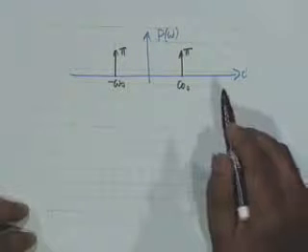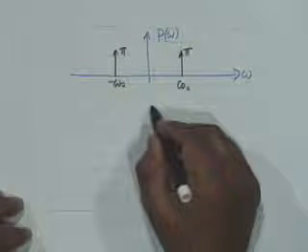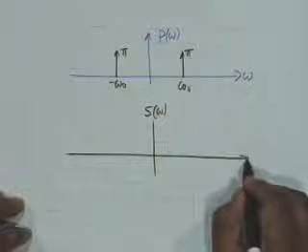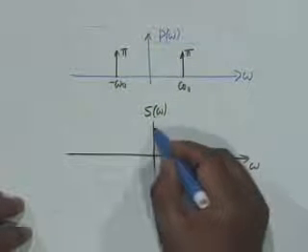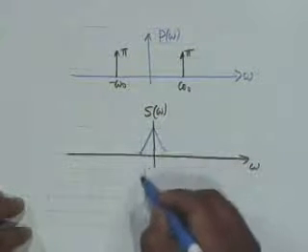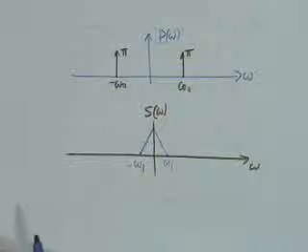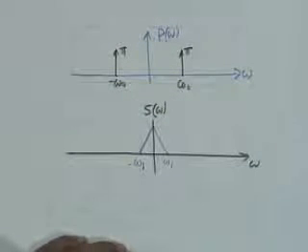Now what you have to do is to convolve this with S of omega, and suppose S of omega is a low frequency signal, let's say like this, band limited to omega 1 and minus omega 1. We have also tacitly assumed that omega 1 is less than omega 0.